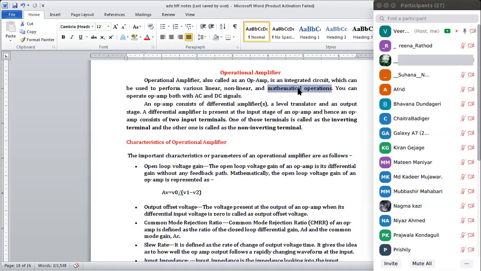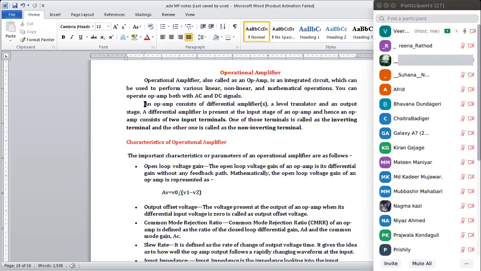And then, what does this amplifier consist of? Basically an operational amplifier consists of transistors, joined together to produce a linear output or non-linear output based upon our requirements, for amplification purposes. Now there are different stages.